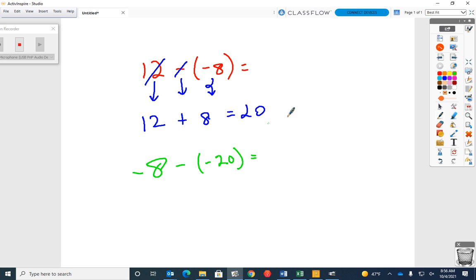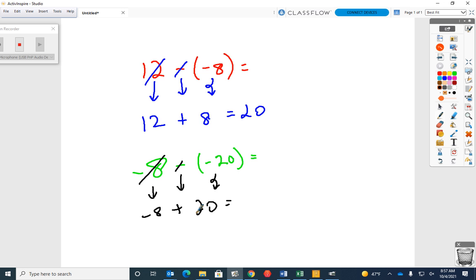Copy the opposite. So I'm going to first copy this negative 8. That's gone. This subtraction becomes what? Addition. That's gone. Now, what's the opposite of negative 20? Positive 20, right? By the way, you don't have to write these arrows. Once you get the hang of doing this all in your head, it goes faster.